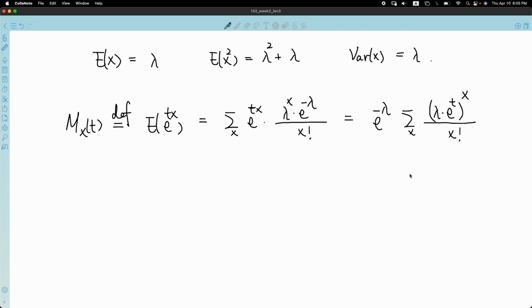This is an infinite sum, and we have seen something like e raised to the power of x equals the sum from n equals 0 to infinity of x raised to the power of n over n factorial. This is the equation we used last time.